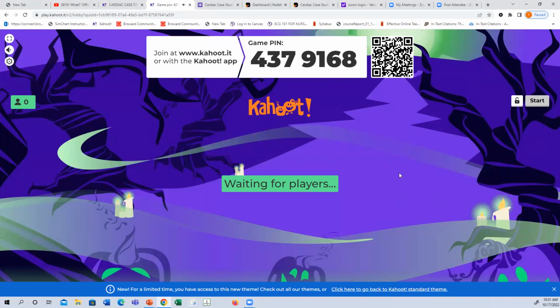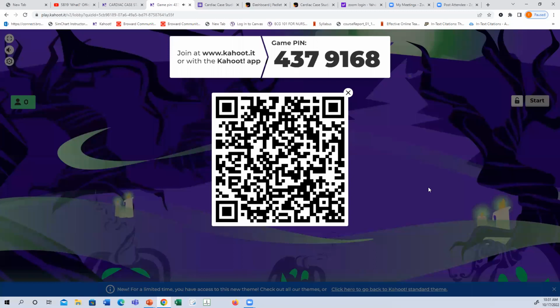Or you could also use the QR code and you're going to be able to access the game.